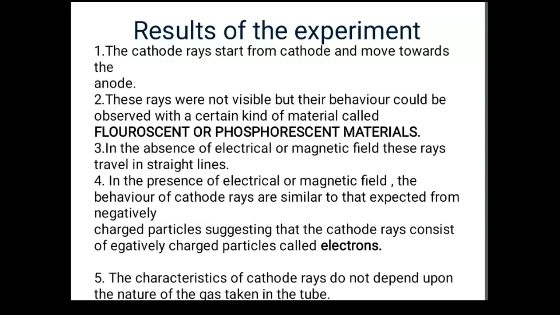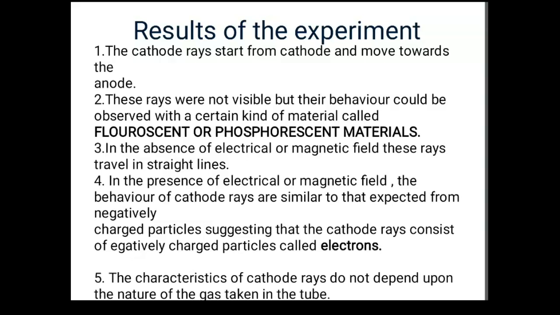This zinc sulfide material is fluorescent, means whenever some charged particle comes and strikes the surface, it produces a glow. So when the experiment was conducted, some particles struck the zinc sulfide screen, and it concluded that there are some charged particles present in these rays.